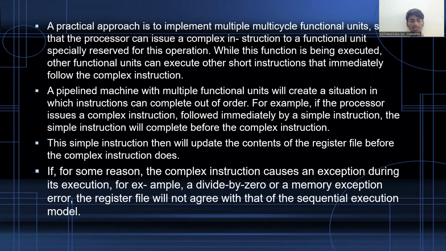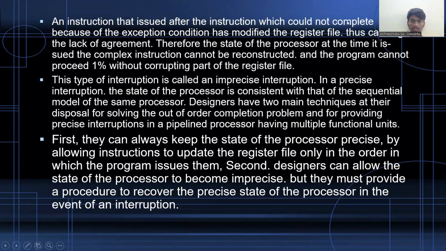If for some reason the complex instruction causes an exception during its execution, for example dividing by zero or a memory exception error, the register file will not agree with that of the sequential execution model. The instructions issued after the complex instruction would have completed even though the exception condition occurred, having modified the register file, thus causing the lack of agreement.